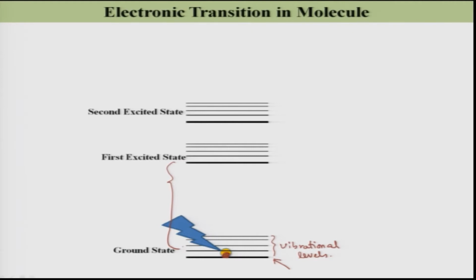First, the light energy has to be the same as the difference in energy between the excited state and the ground state of the molecule. In this case, the incoming photon energy must be equal to the energy difference between the excited state and the ground state. Secondly, the transition moment integral should be non-zero.